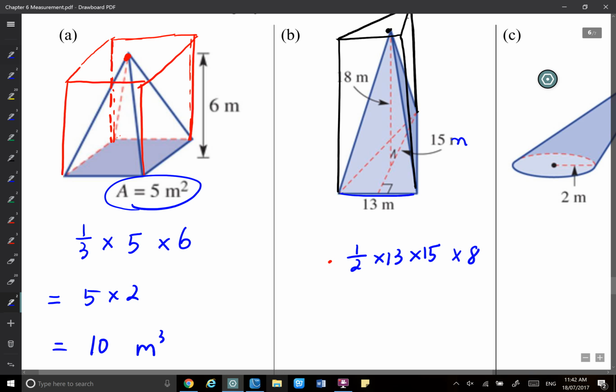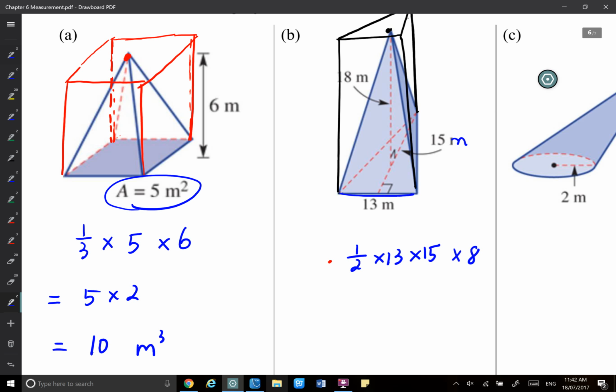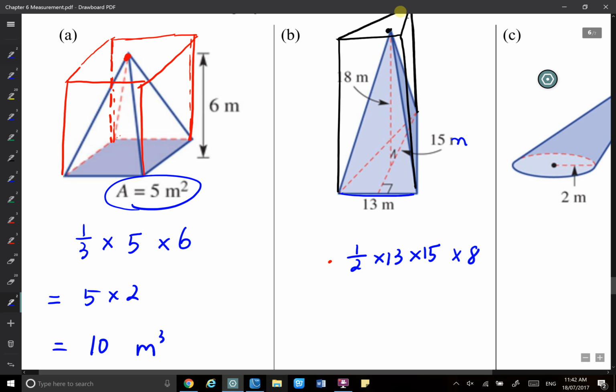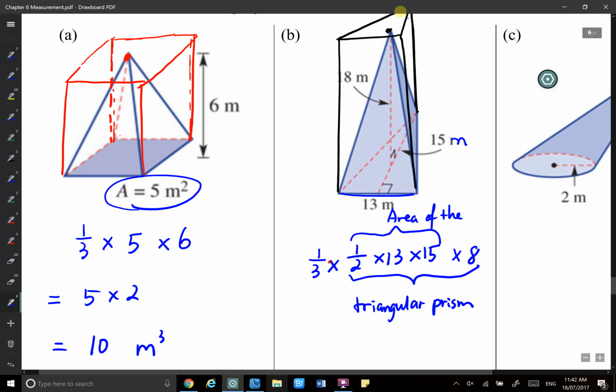Now we have calculated the triangular prism's volume. And I'll times this by a third. So that is the triangular prism, and here is the area of the triangle.